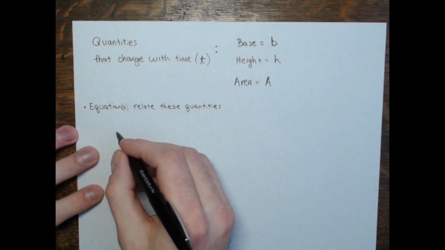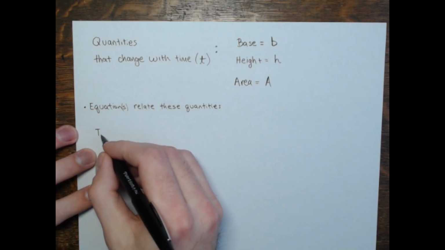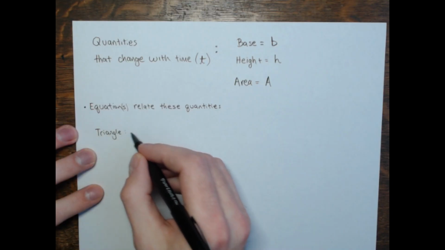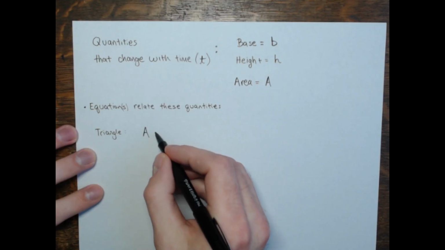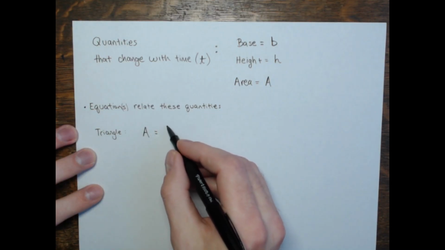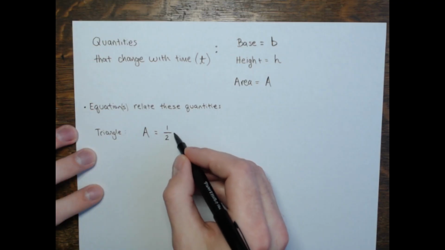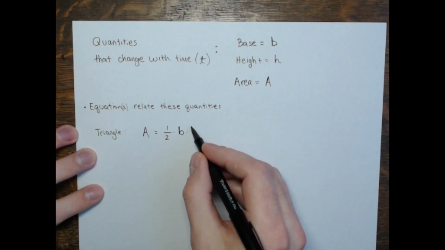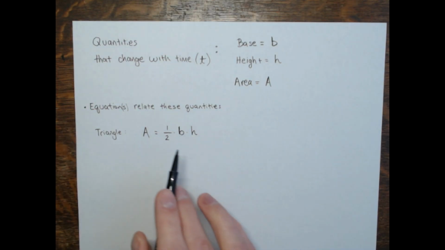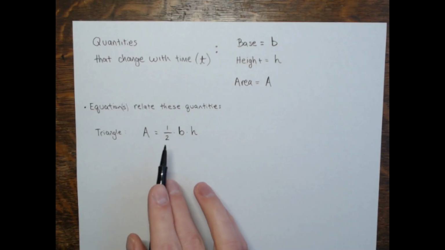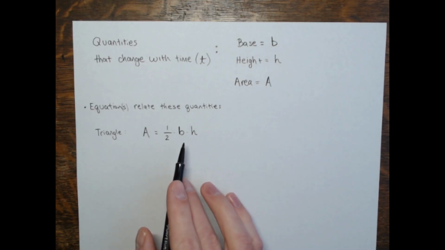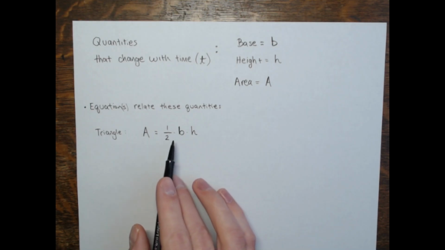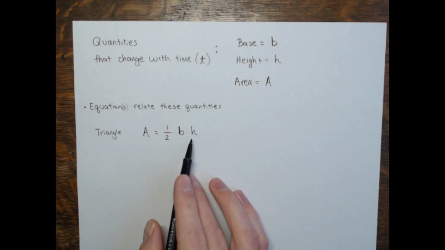So hopefully you recall, for a triangle, the area of a triangle is 1/2 times the length of its base times its height. So there's a little formula for you. It's like half a rectangle, a triangle is, or half a parallelogram. Half base height.